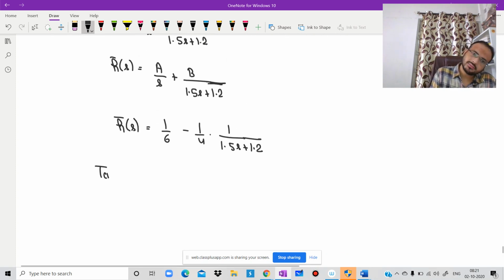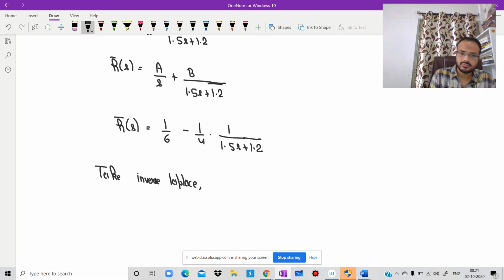Take inverse Laplace. H of t is equal to 1 by 6 minus 1 by 6 e to the power minus 0.8 t.